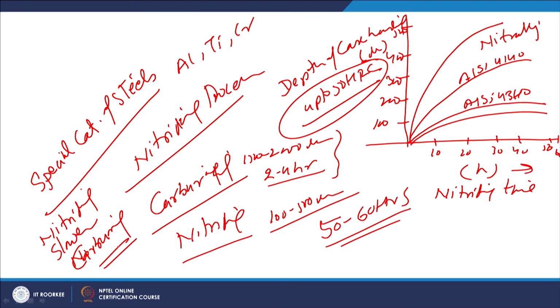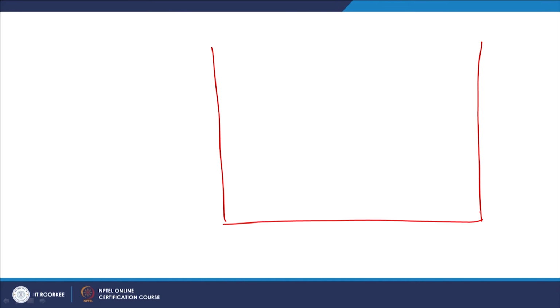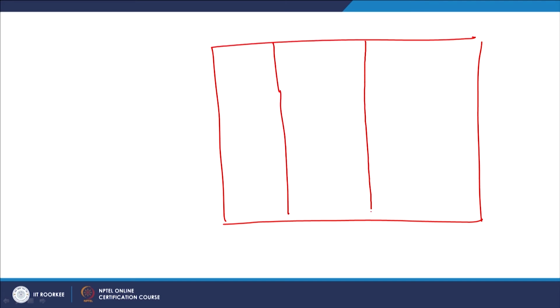So, now we will see the conditions under which nitriding is performed and how it is facilitated. As far as the conditions and reactions required to perform nitriding, say there is an enclosed chamber like this, where the components to be subjected to nitriding will be placed.